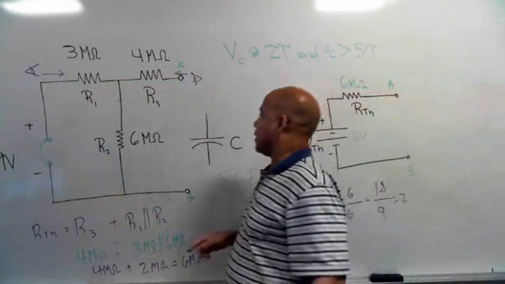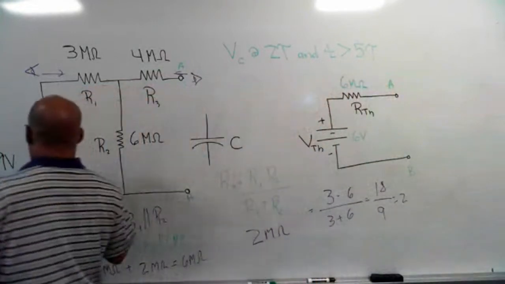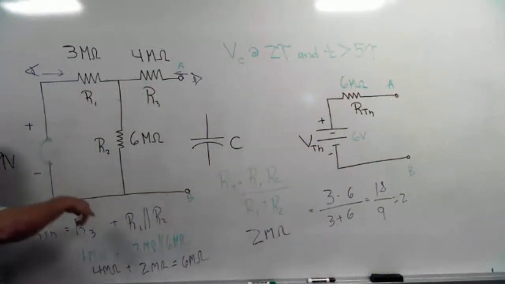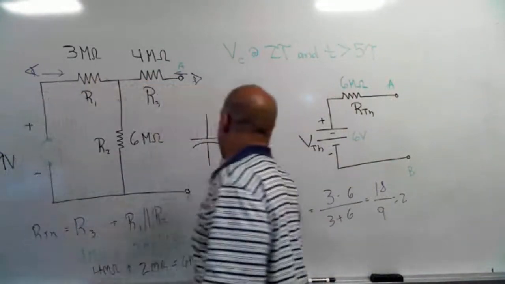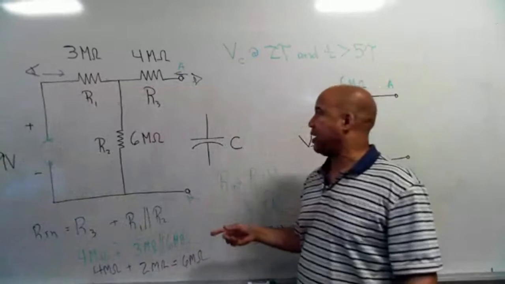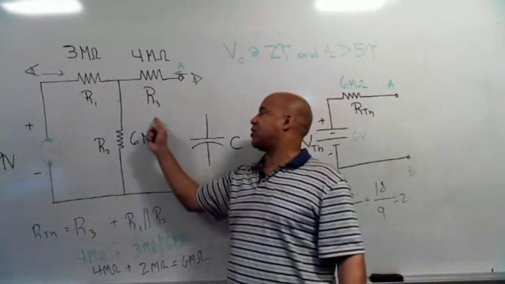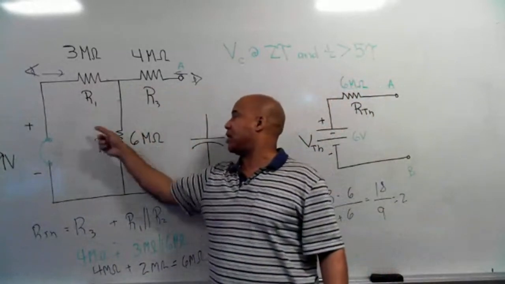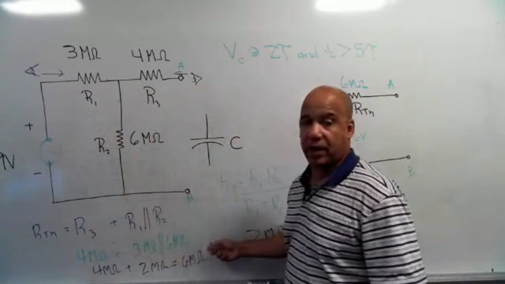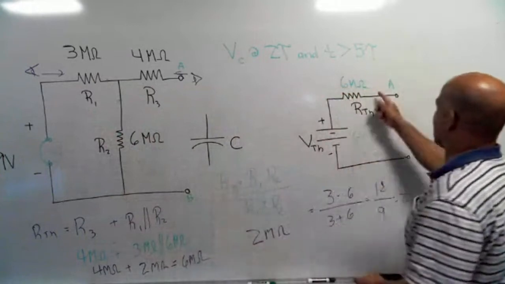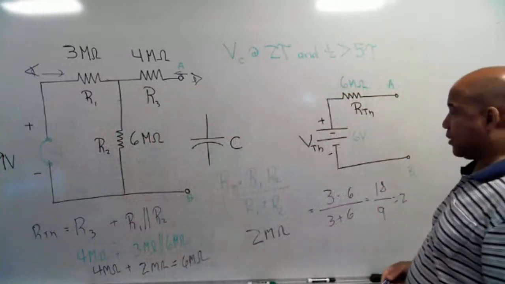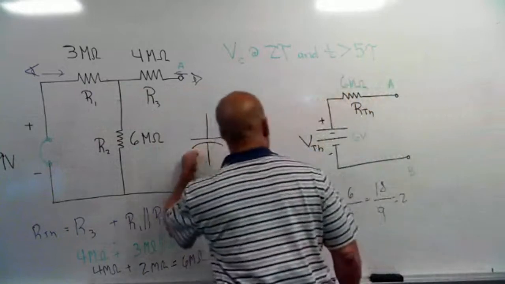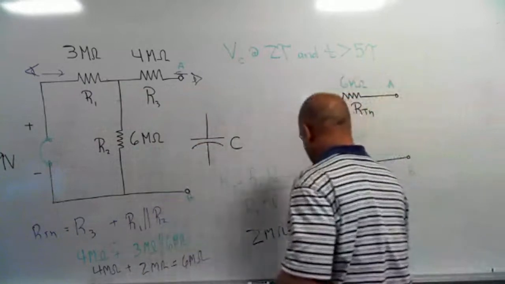Number two, whereas the voltage source sees a series circuit, the capacitor sees a more complex circuit. It sees R3 in series with the parallel combination of R1 and R2, which is expressed right here. So what it sees is 6 megohms. Now I can take this capacitor off and put it over on this side, and do my analysis.